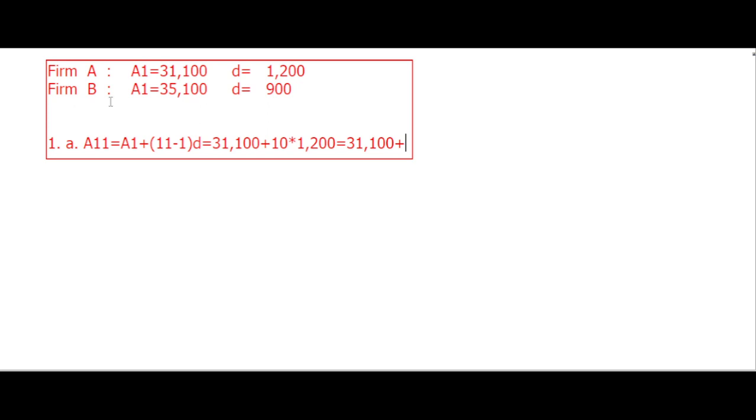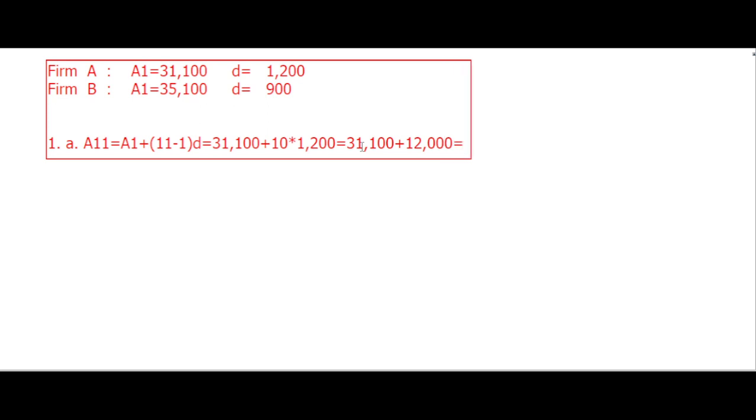Here is the answer. A11 is equal to A1 plus 11 minus 1 times common difference D. 11 minus 1 is 10. So A11 is equal to 31,100 plus 10 times common difference D 1,200, which is equal to 31,100 plus, after multiplying this we get 12,000.